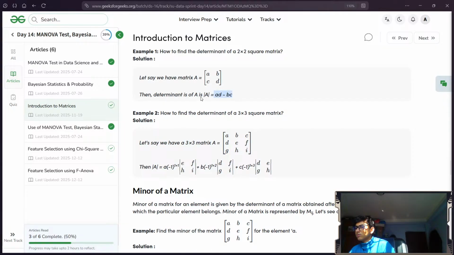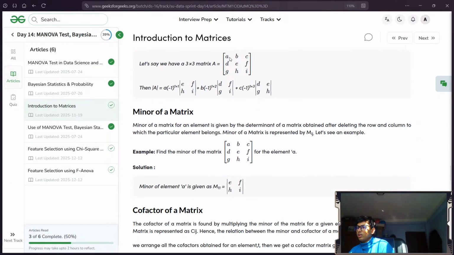Determinant of a 2 by 2 matrix is AD minus BC. How to find the determinant of a 3 by 3 square matrix? It's nothing serious. You can just take any of the values in a row. Like, you can take the middle row D, and if it's D, then you have to multiply with BI minus HC, and if it's E, AC minus ZI, F, AB minus DE.